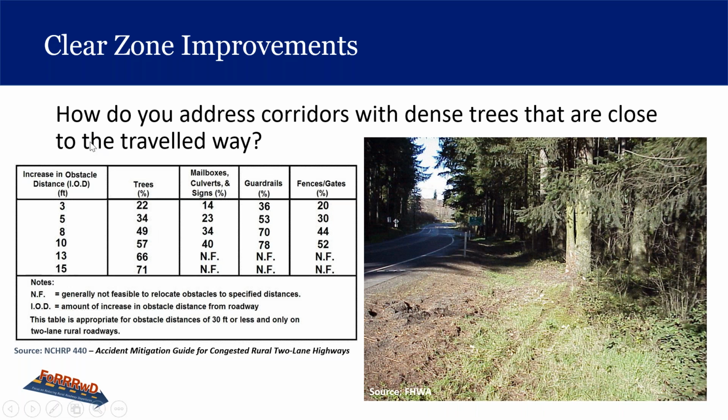So in this picture on the right, you could take some, maybe not this tree, but maybe the trees up here are closer to the pavement, and then make some decisions about removing them or shielding them, and other methods like delineating them with retroreflective object markers or tape or something.